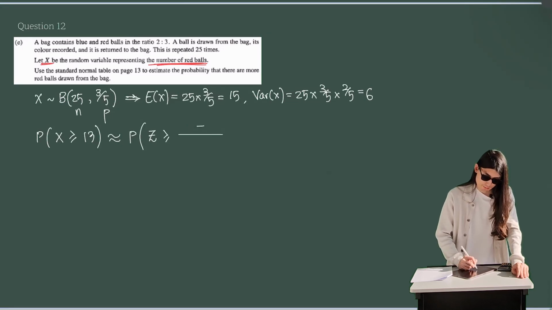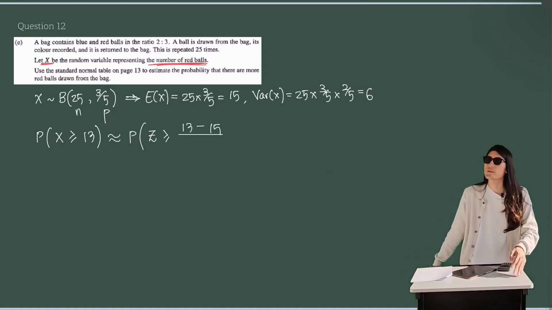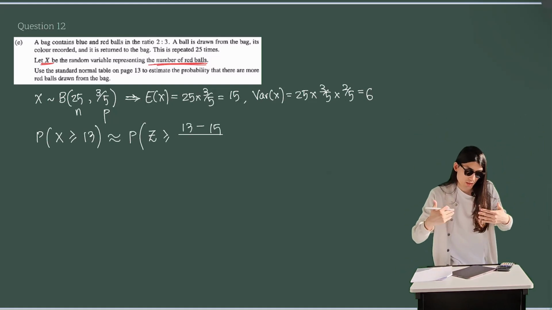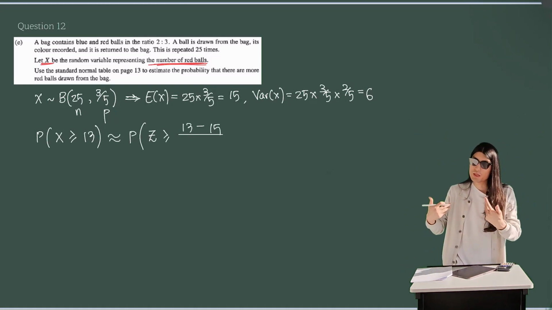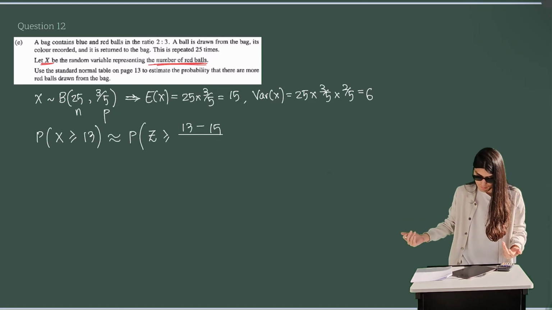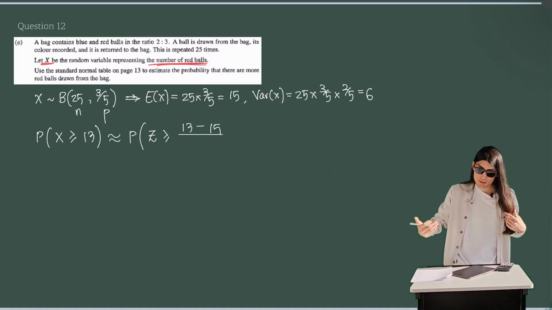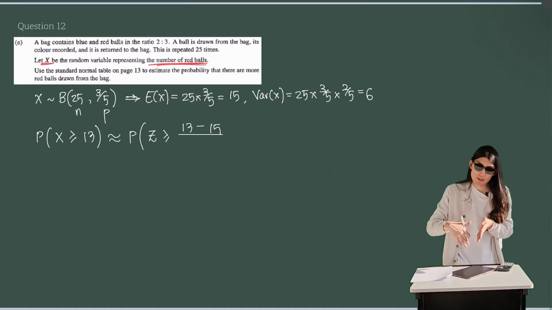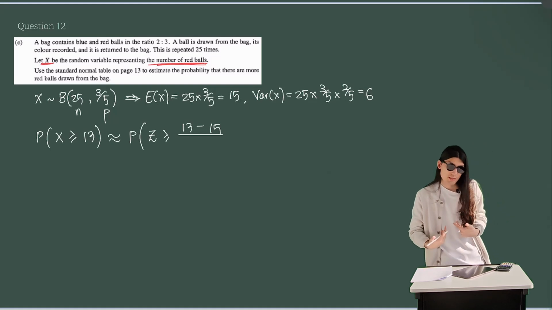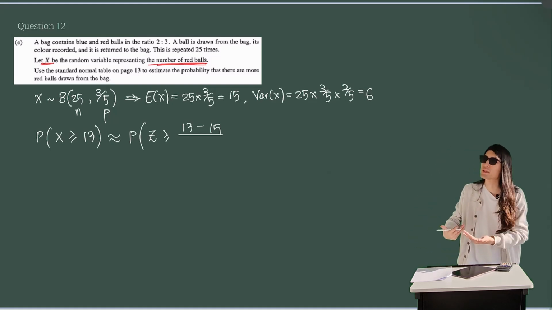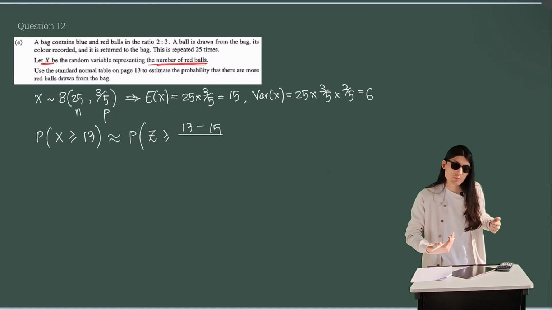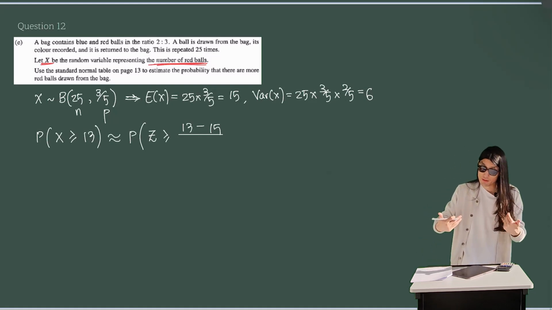My bad. 13 minus 15, which is just 13 minus the mean, the average, right? That's equal to minus 2, but what does the minus 2 represent? Minus 2 represents the fact that the score 13 is 2 below the mean, doesn't it?